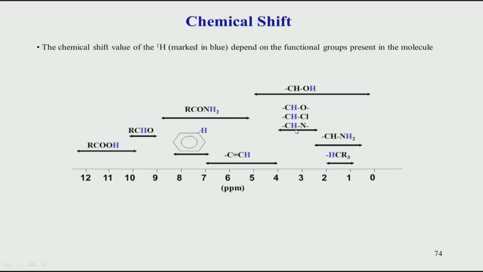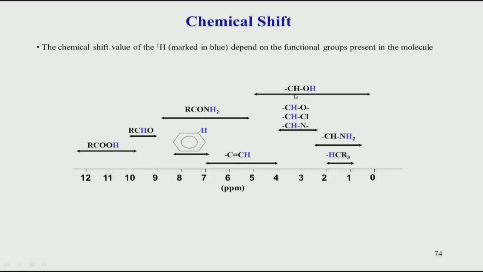Those attached to chlorine, nitrogen or oxygen come here, and methyl or CH3 groups are always upfield shifted, somewhere between 0 to 2. Methyl peaks are very prominent in NMR spectroscopy. They can be easily recognized because they always come somewhere between 0 to 2, or 2.2 to 2.5 ppm. This is the very typical zone for methyl peaks, and in the different analyses we will see why they come here and how they can be used.